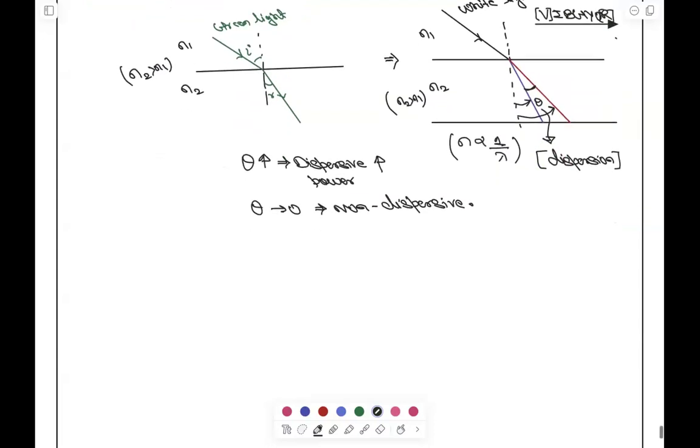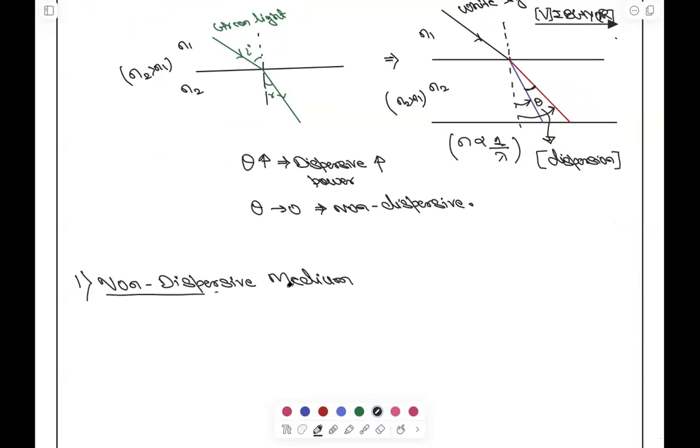So write it down. The first one is non-dispersive medium. I hope you got the concept of dispersion or non-dispersion.